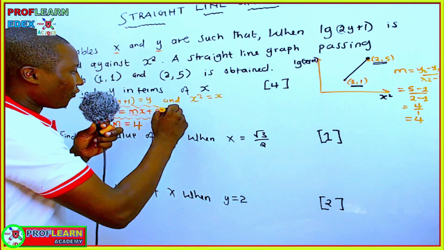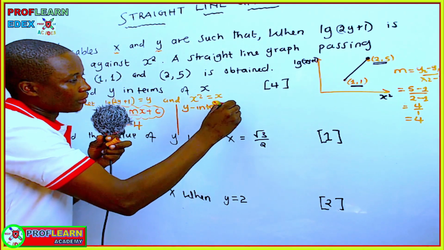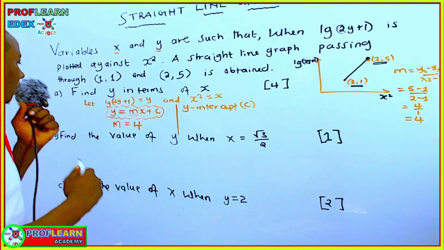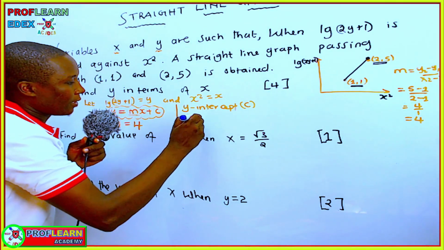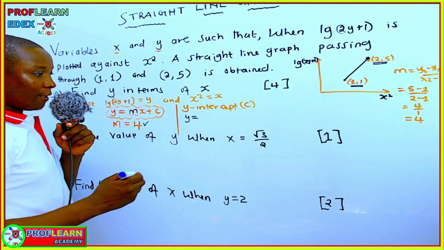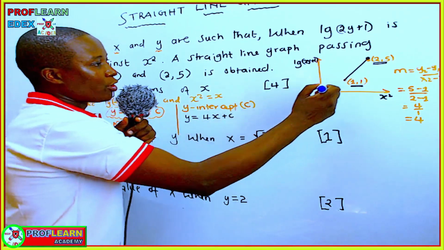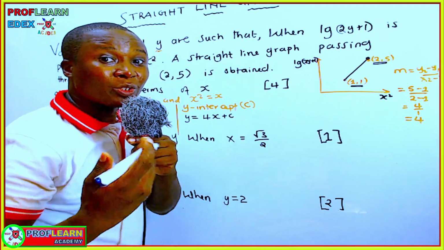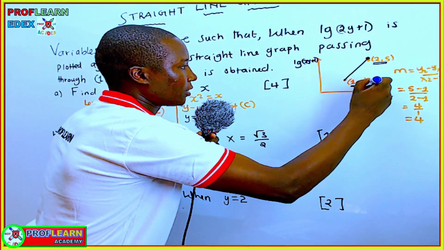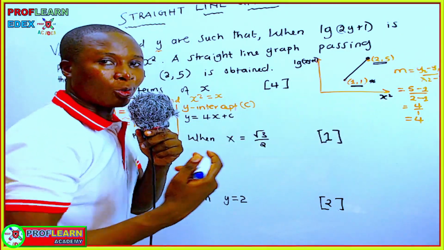Now, in order for you to find the y-intercept, which is our c, you are going to write y equals mx plus c, and our m is the value that we have obtained, so this is going to be 4x plus c. We can use any of the two points that were given, so that we can find the value of c. For simplicity, let us use the point where x is 1 and y is 1.